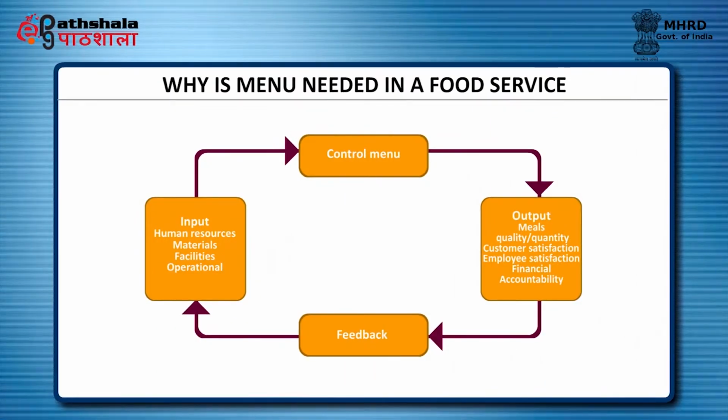As you see in this flow chart, for example, if the food service is planning to offer a Chinese cuisine, then the human resource needed should be the expertise of a Chinese chef. The layout should have a Chinese kitchen. One of the equipment needed should be a wok, and Chinese foods should be available in the region to be purchased.